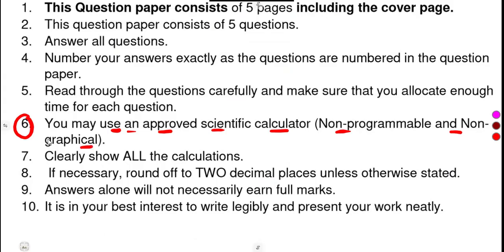As long as it is a scientific calculator which is non-programmable and non-graphical, you're allowed to use that. So clearly show all the calculations. If necessary, round off to two decimal places unless otherwise stated, in case you're using your calculator.